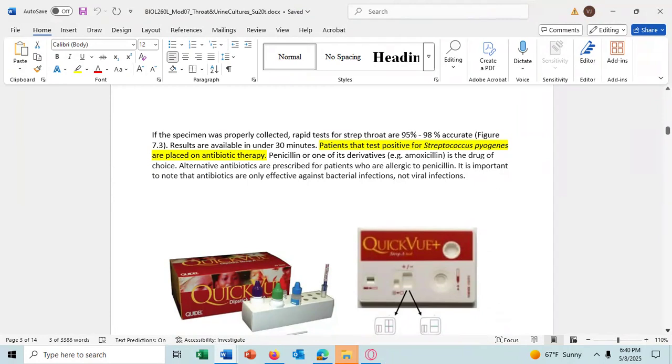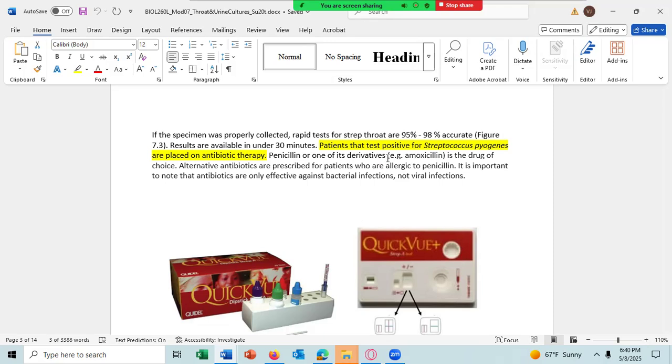So many patients, I was one, once you have a Streptococcus pyogenes invasion, it's generally not thrown off by the body, and then will develop into strep throat. And then if it goes further, it can develop scarlet fever and a bunch of other diseases.